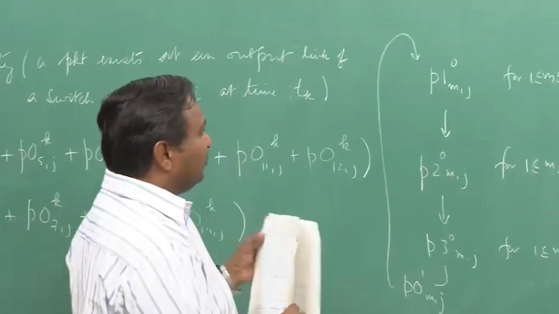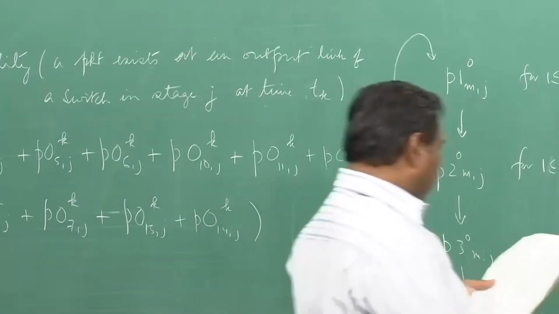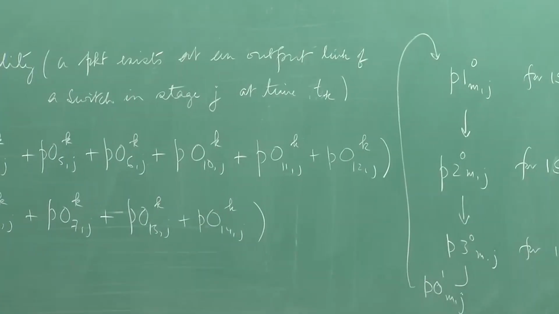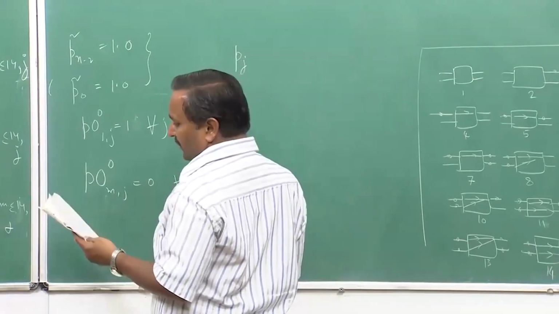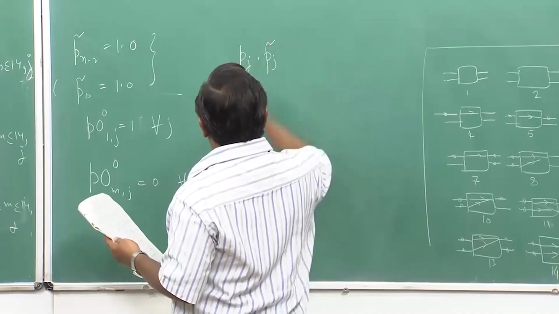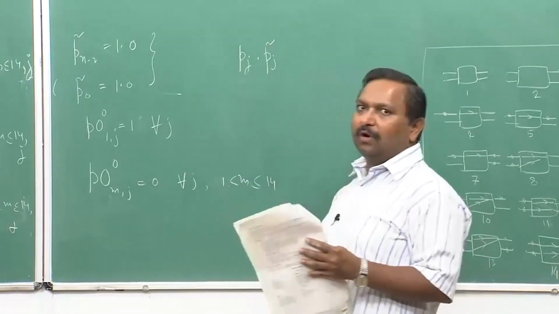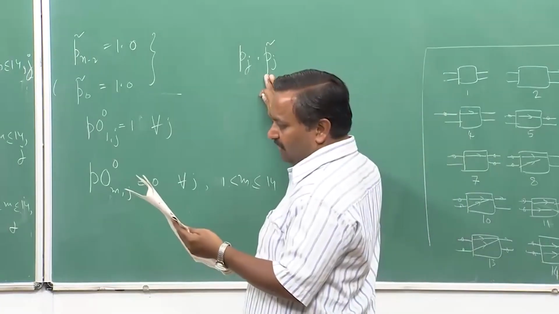But when you should actually stop your iteration still remains as a question. Normally the way it should be done is, this is the probability that a packet will be there on a line, and this is the probability that the packet is going to go out. This is a conditional probability: the packet is there and it is going to go out.